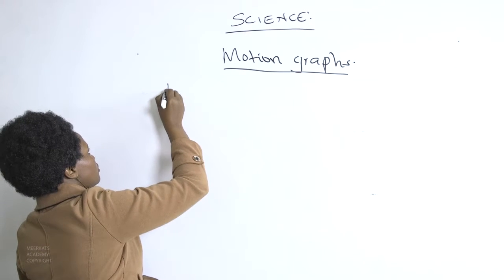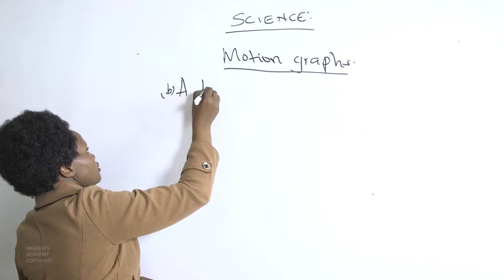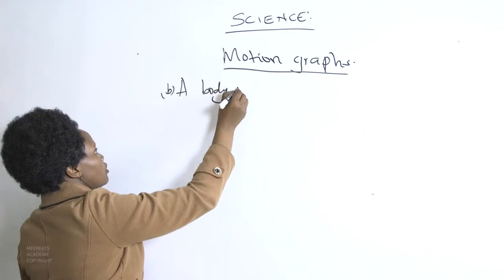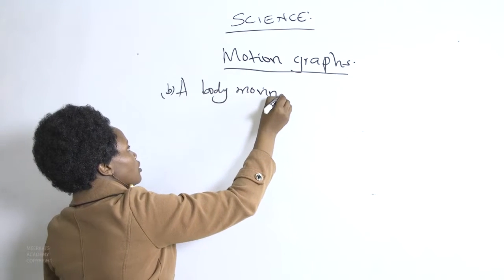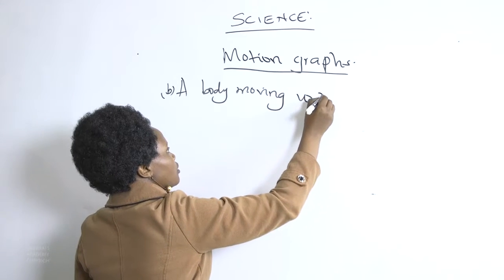Number 2 is a body moving with uniform speed.